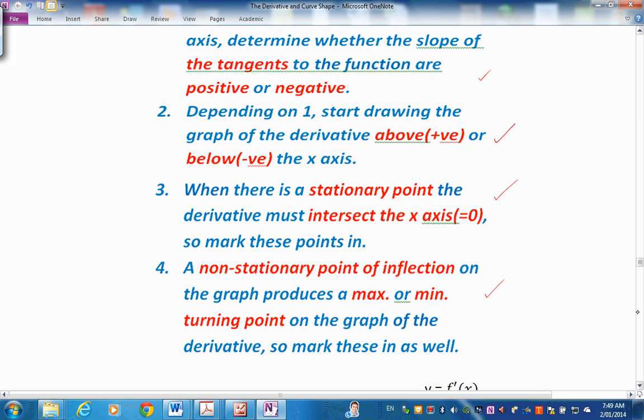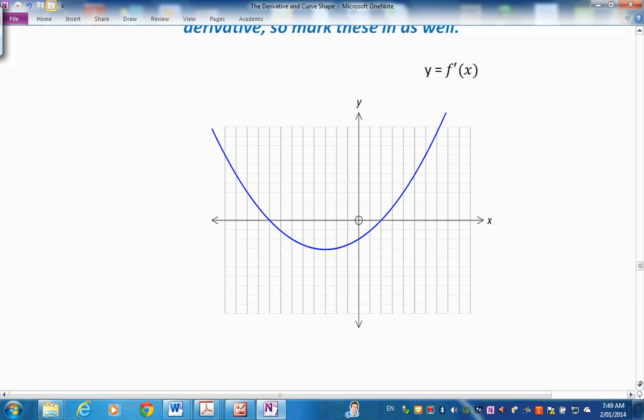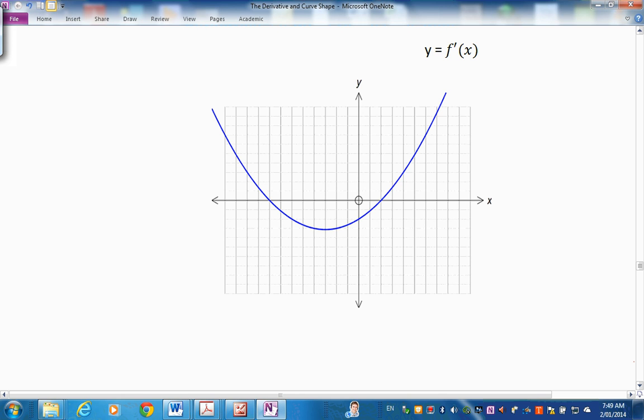So you've got to keep your wits about you. It gets even worse because look down here, I've drawn some derivatives and we've got to go backwards to the graph of the function now.